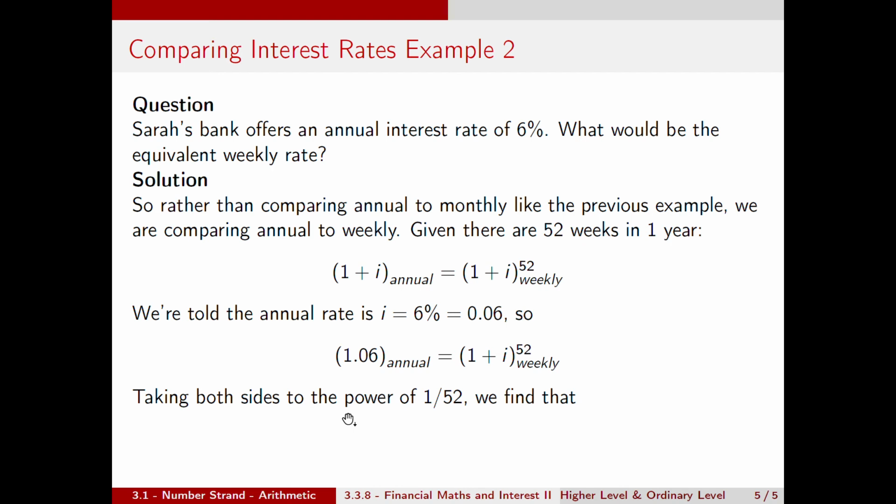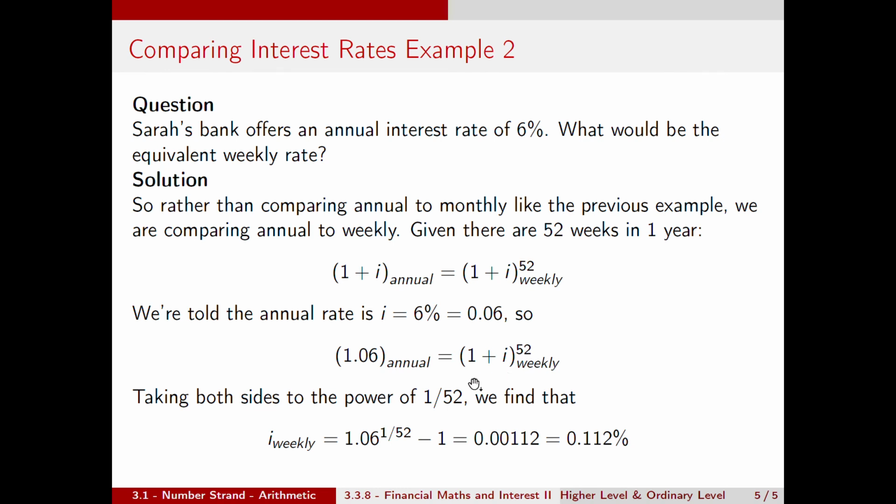Now we'll take both sides to the power of 1 over 52, by the rules of indices. That leaves us with the left hand side now 1.06 to the power of 1 over 52. The right hand side would then read 1 plus i.